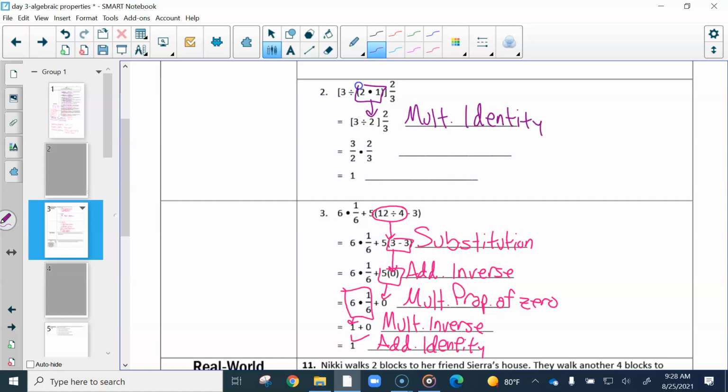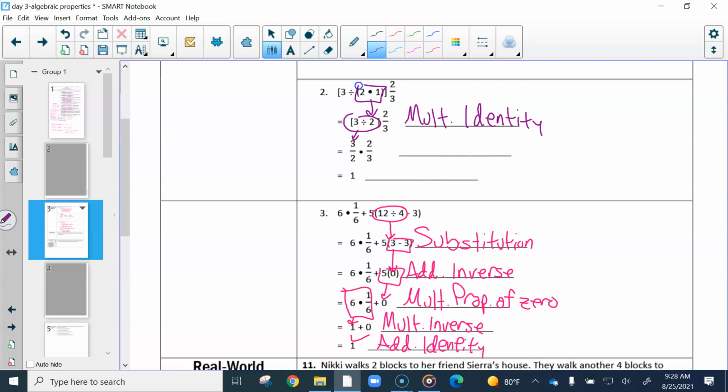From this line to this line, what changed? Really just how they wrote this part. So there's nothing in our rules that really says to change the order like that. So what property would that be?